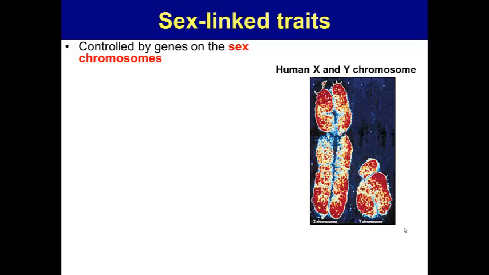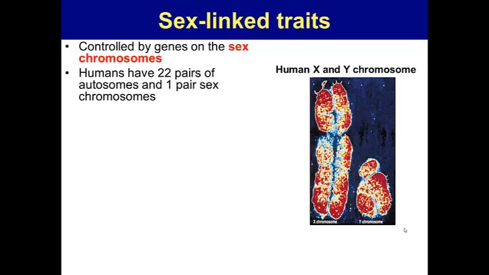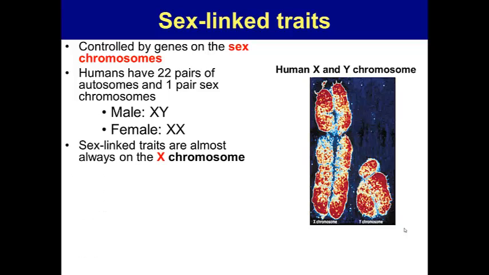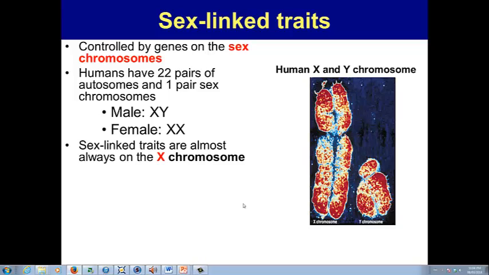Sex-linked traits are controlled by genes that are located on the sex chromosomes. Humans have 22 pairs of autosomes and 1 pair of sex chromosomes. Males are represented by XY and females are represented by XX. If you'll notice, the X chromosome is significantly larger than the Y chromosome. Sex-linked traits are almost always on the X chromosome.